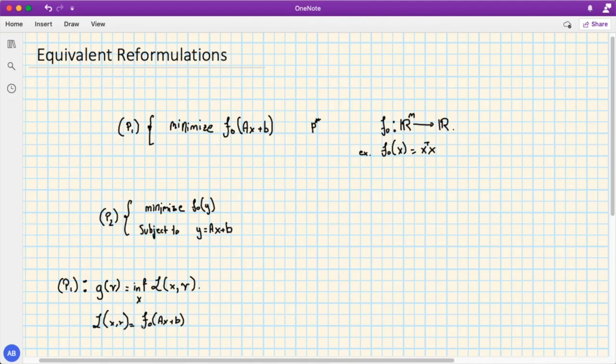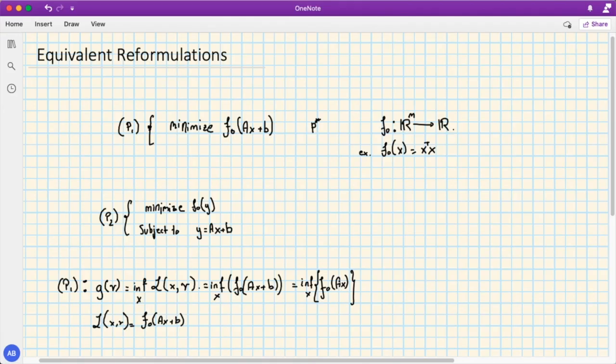Now if I want to do the infimum over x to get g of nu, so the infimum over x of f0 of Ax plus b, this is simply what? Since b is a constant, it is the infimum over x of f0 of Ax.